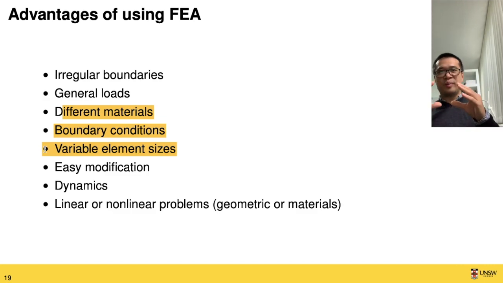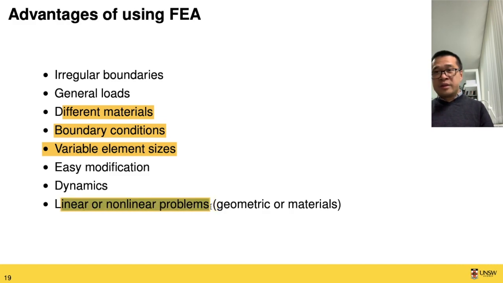You want to model those parts very accurately with smaller element sizes. That makes the whole thing easily modifiable and dynamic, so you can change how the finite elements evolve as you want to get more and more detail into the problem.